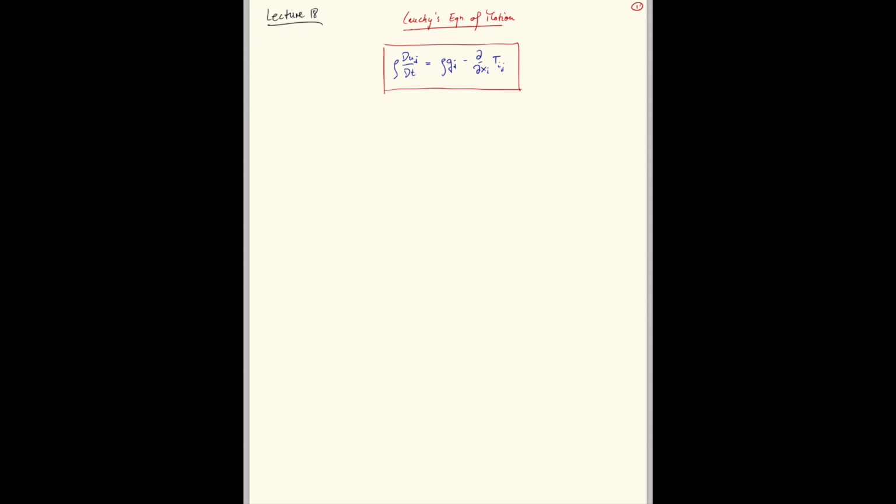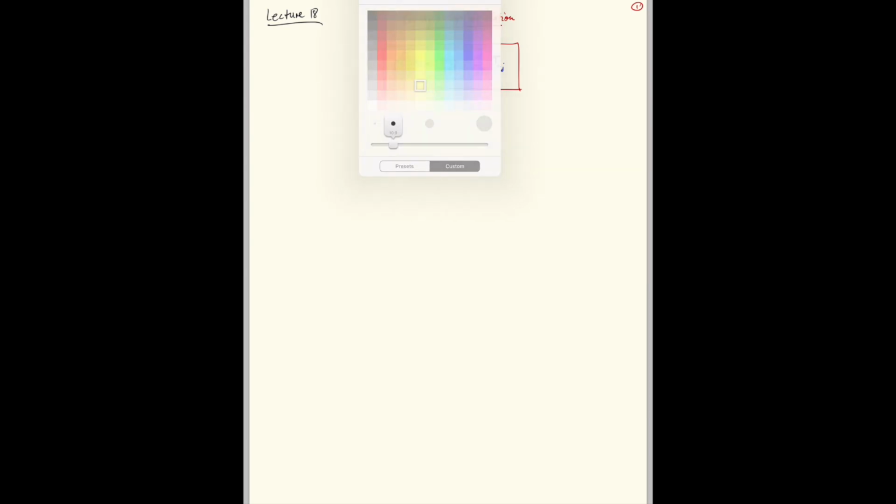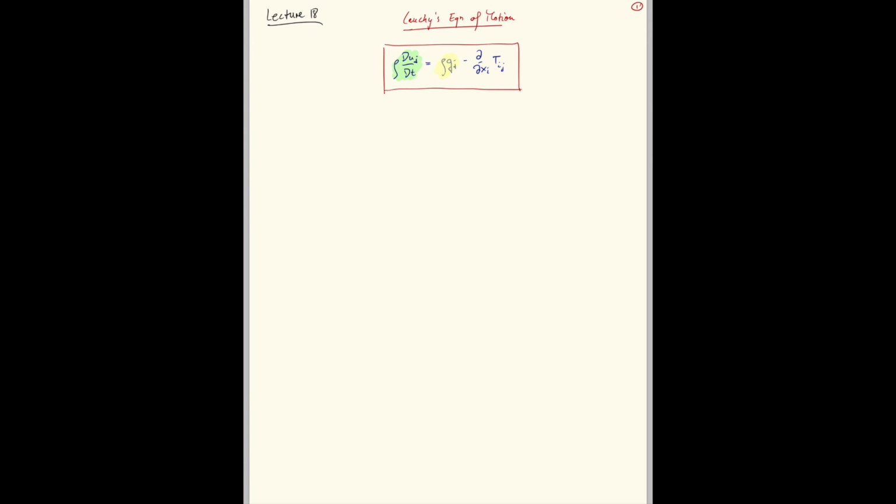Welcome to lecture 18. So we are moving towards the Navier-Stokes equation now. Cauchy's equation of motion gives us Newton's second law as a balance: essentially mass times acceleration on the left-hand side has to be balanced by a body force term, that's typically gravity in our case, and the stress tensor term, where Tij is the stress tensor.